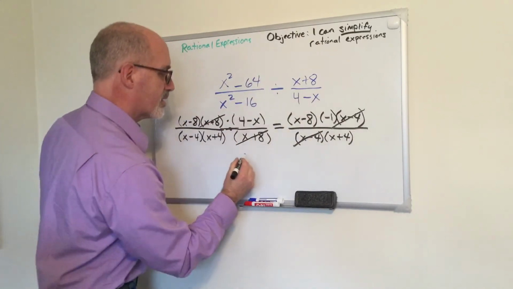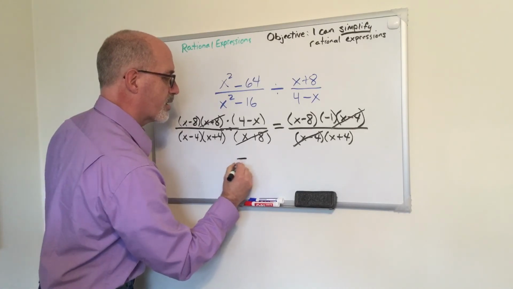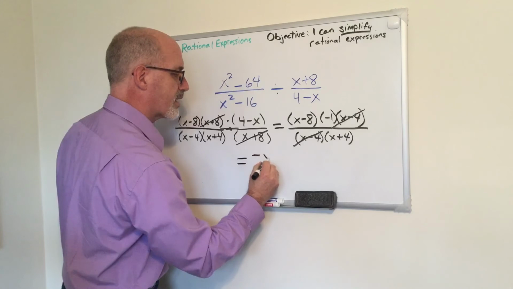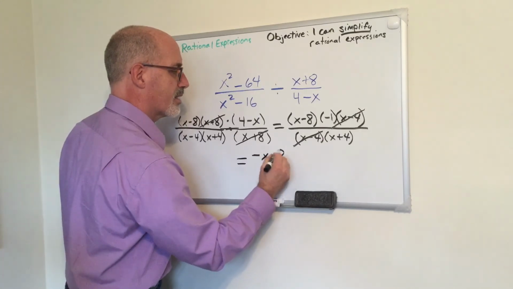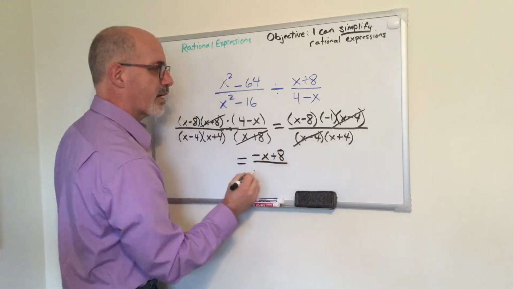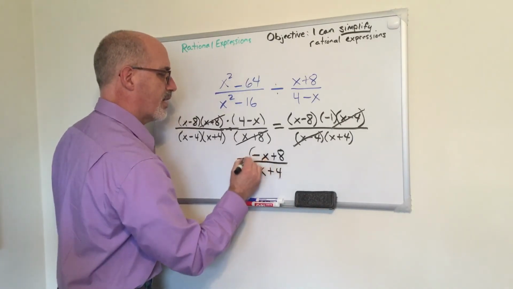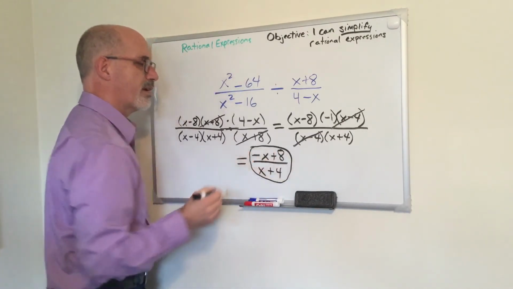Now I can simplify the final answer to be x minus 8 times negative 1, which is the opposite of x plus 8. And then this one down here I just have as an x plus 4. So that is our final answer for the problem.